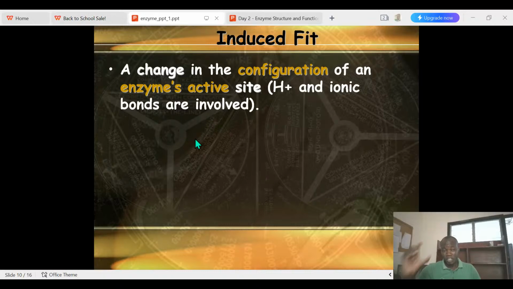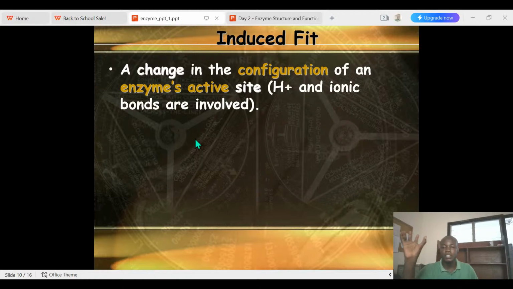So in the active site of the enzymes, usually the enzymes do not form complementary with the substrate. Therefore, the substrate will bind to the active site and then change the shape and configuration of the active site of the enzymes.